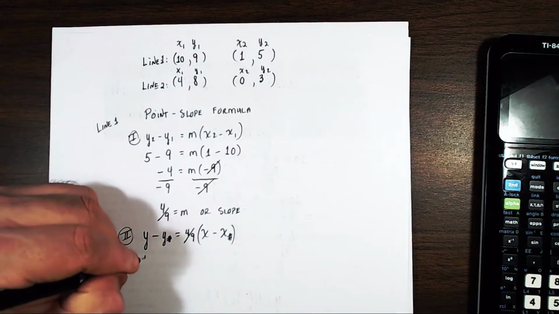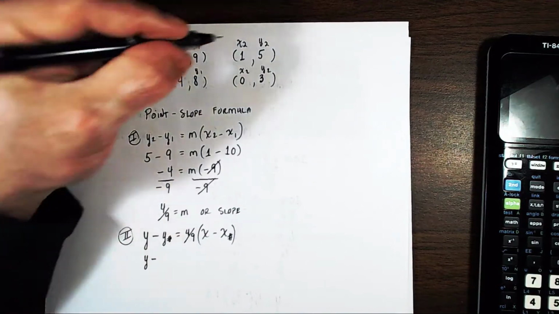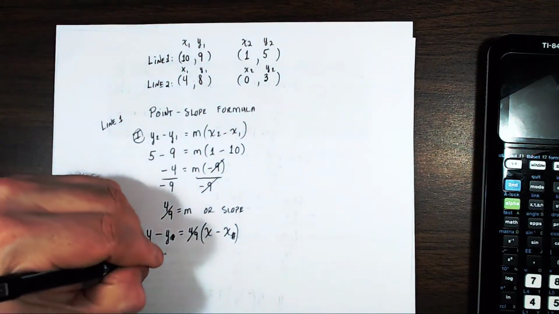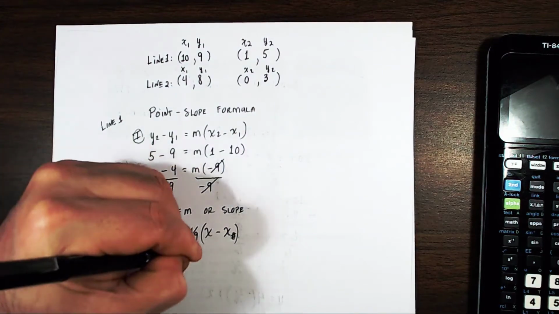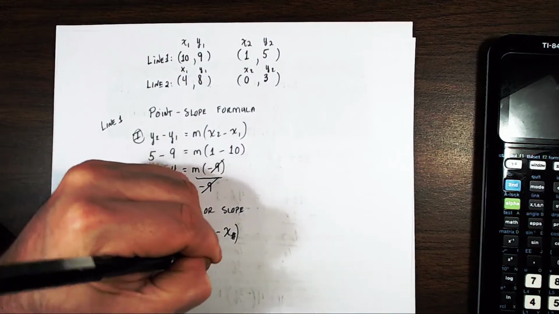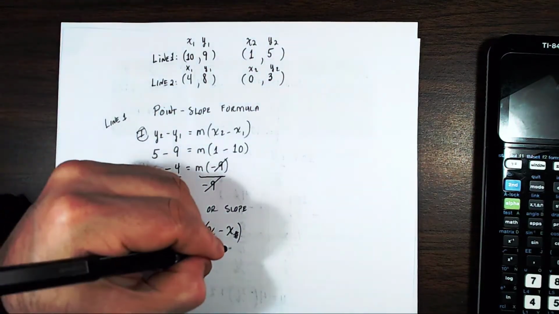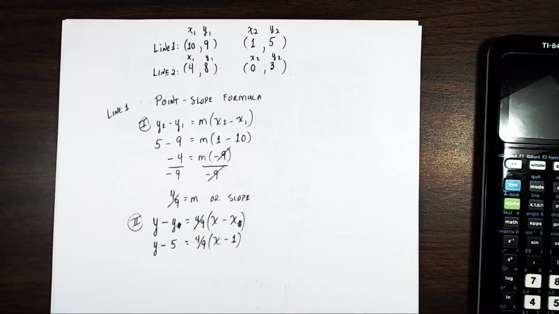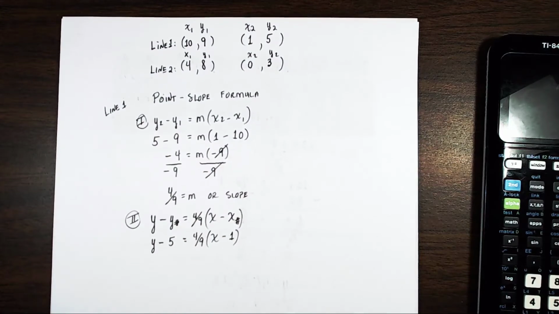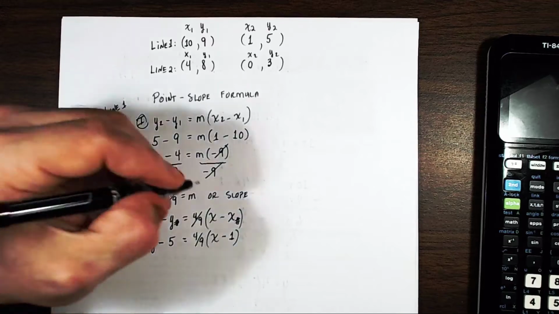So I'll take y minus y2, 5, equals 4/9, and then x minus x2, which is 1. Okay, and now we are going to solve for y.